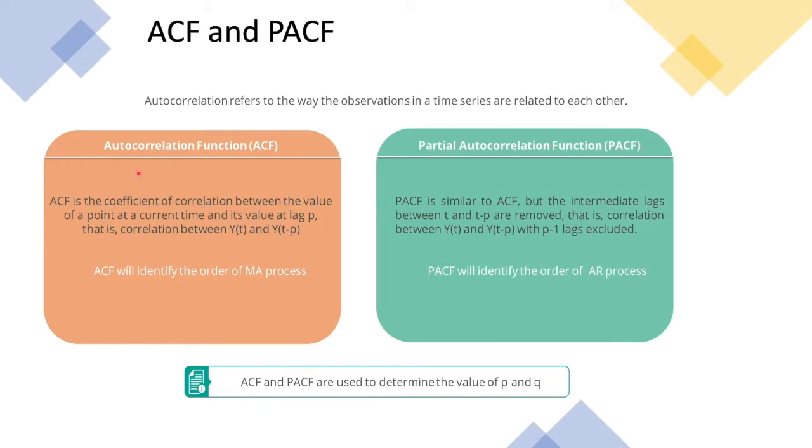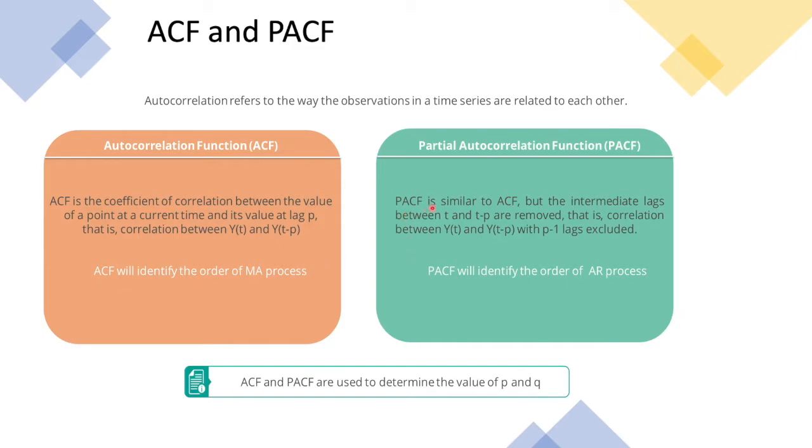ACF is the coefficient of correlation between the value of a point at the current time and its values at lag P. That is the correlation between Y_t and Y_(t-P). So by analyzing the ACF, we can determine the order of the MA process, which gives us the value of Q.